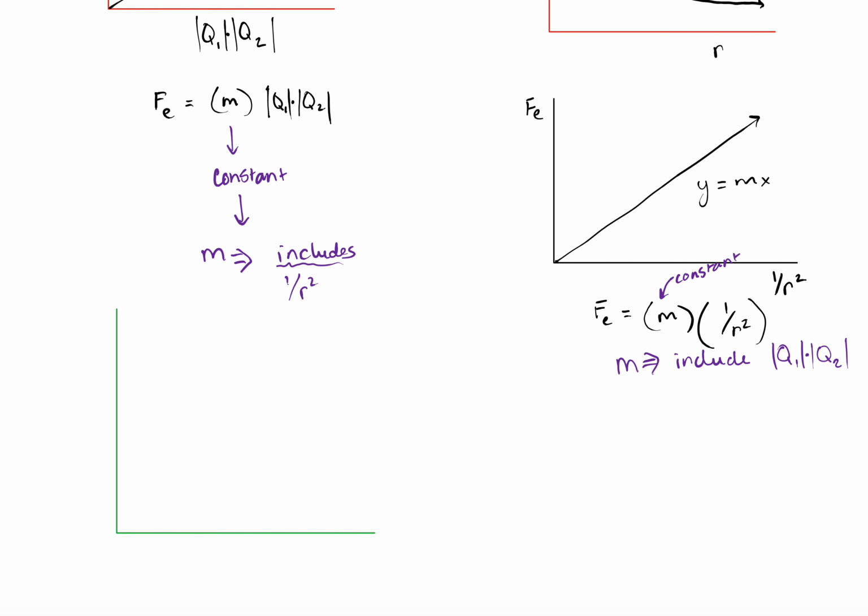And this mega linearization is going to be Fe versus q1 times q2 over r squared. So basically what I'm going to do is change q1, let's say, and get my same data, but pull the r squared now out of the slope and graph that. And I could do it for multiple different variations.